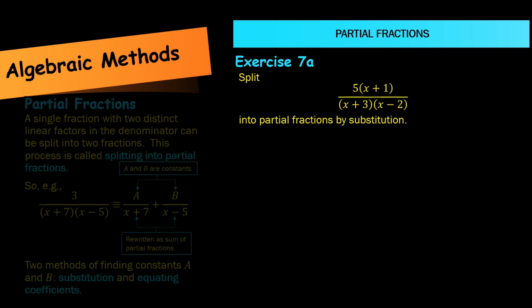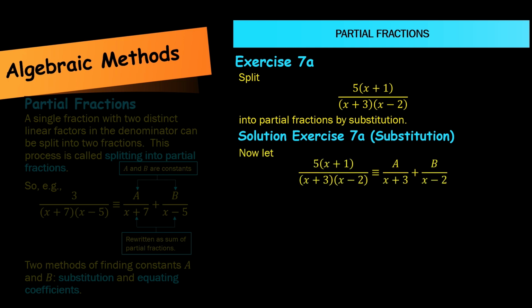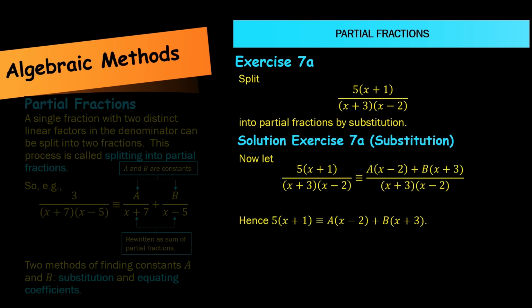So let's solve this. We let the expression equal or be identical to a over x plus 3 plus b over x minus 2. We then add the fractions on the right-hand side by putting them over a common denominator as shown. Therefore, we now have that the numerator on the left-hand side is identical to the numerator on the right-hand side.